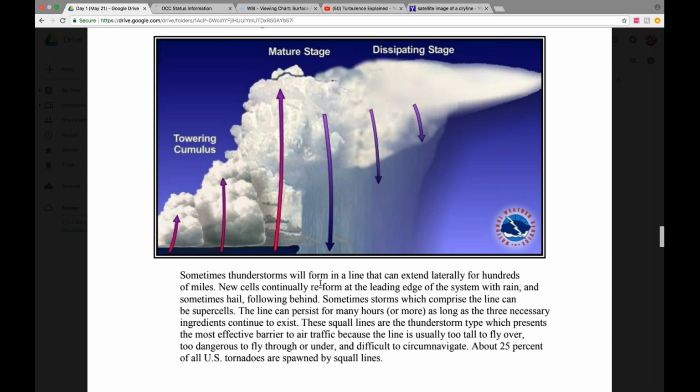You guys have seen what these storms are capable of producing, but typically these storms will hang out for long periods of time.